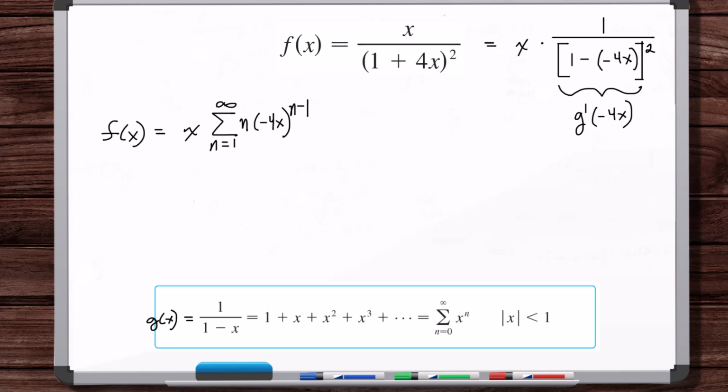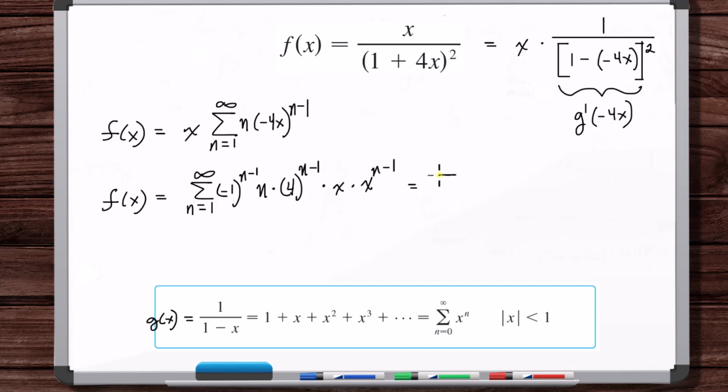Okay, so we've got, let's see, we want to bring that x inside of the summation. So, okay, minus 1 to the n minus 1, then n, then 4 to the n minus 1, then x to the n minus 1.